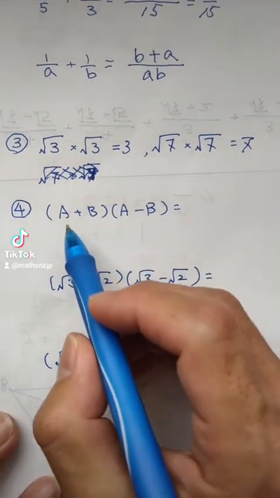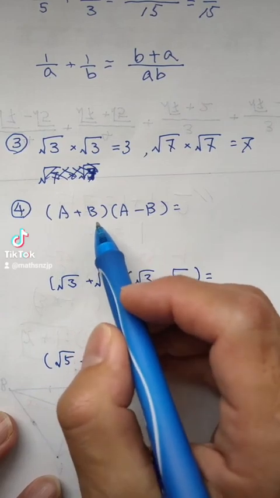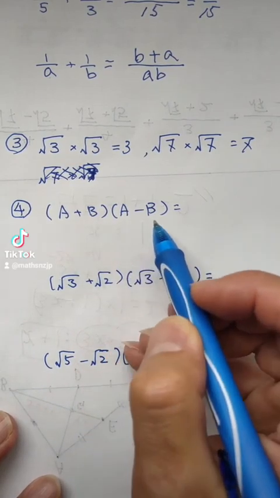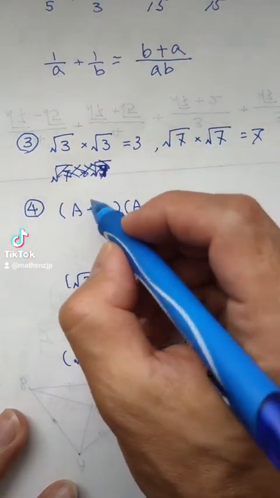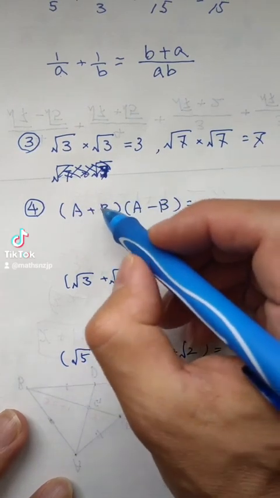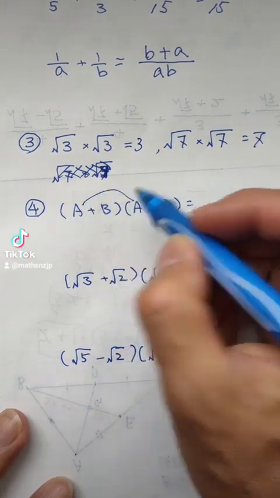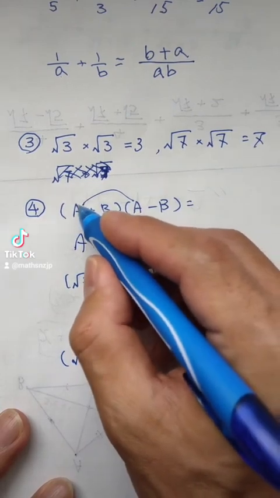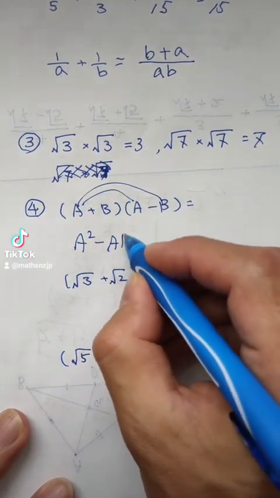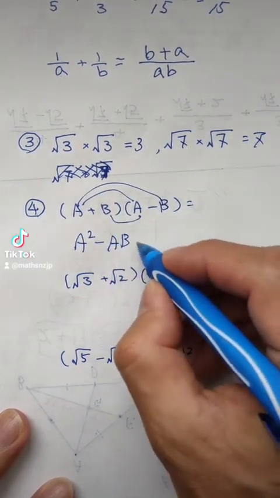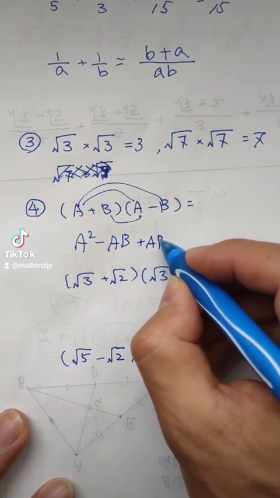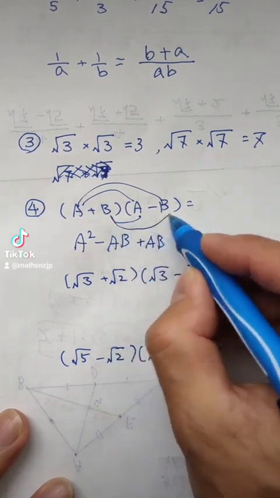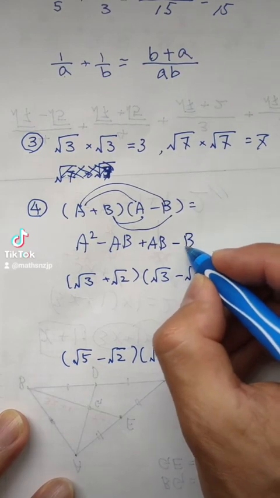A plus B times A minus B. If you expand this one, this one times this one, A squared, this one times this one, minus AB, and then this one times this one, plus BA, which is the same as AB, and then this one times this one, minus B squared.